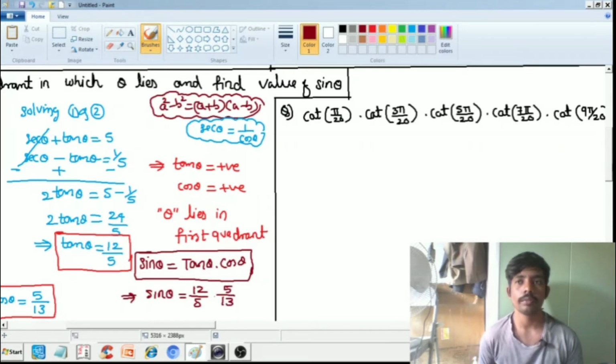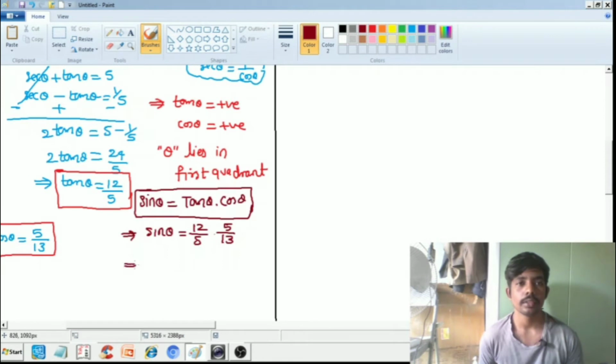So 5 cancels, and the answer is sin theta is equal to 12 by 13. That's all. This is the question.